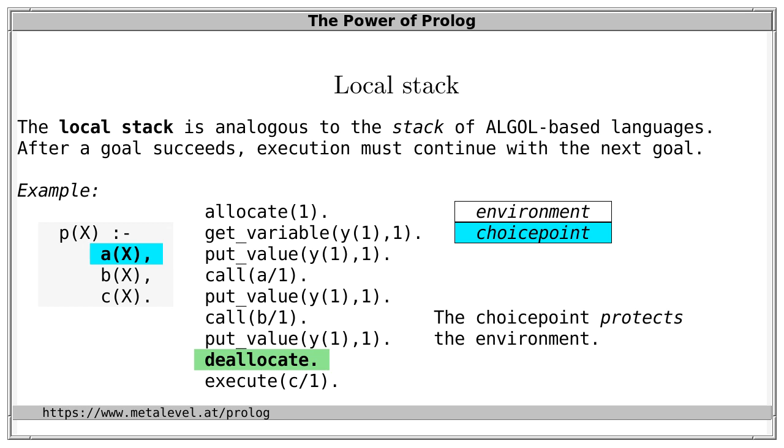And it's pretty clear that this has to be so, because on backtracking, when alternatives need to be considered, in this case for the predicate A, then the environment is of course needed again, because it contains the permanent variables of this clause and so on. So we say that the choice point protects the environment, and therefore the environment cannot be deallocated, because a more recently created choice point needs it.